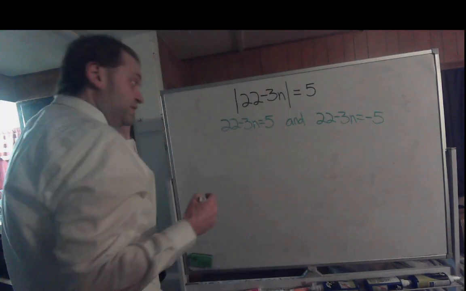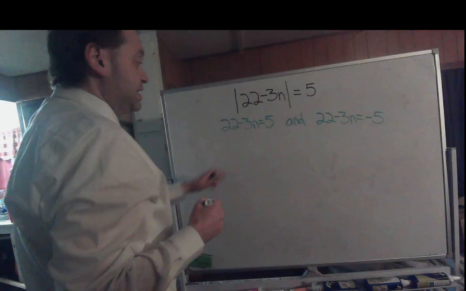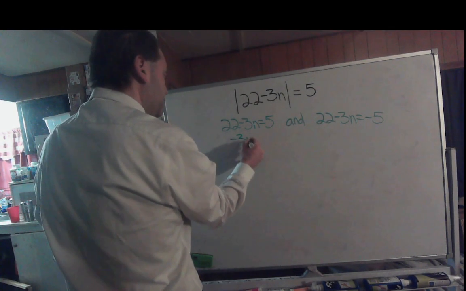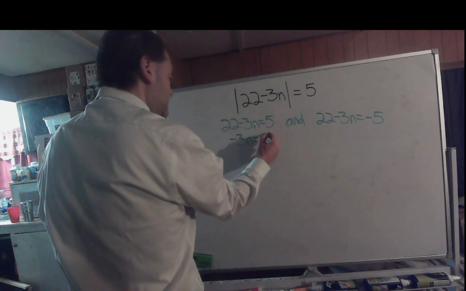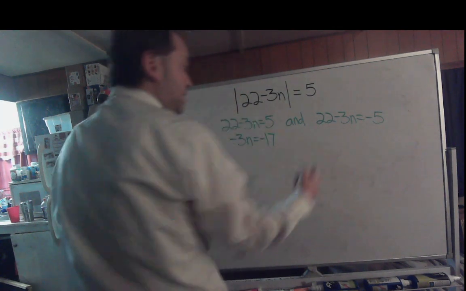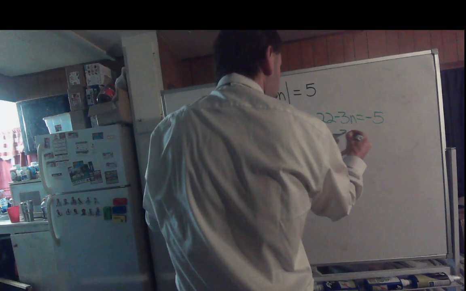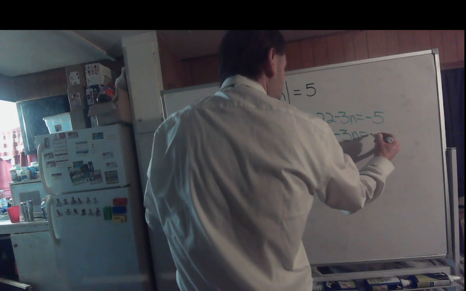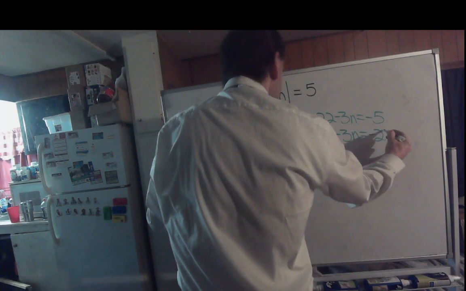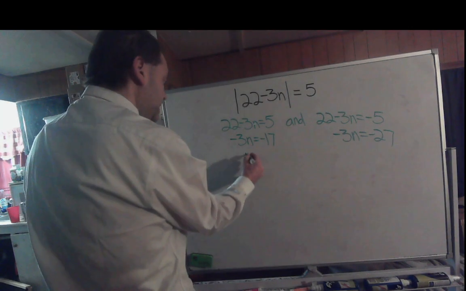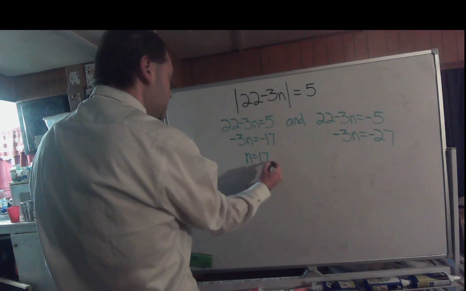And then you solve each equation for n, get negative 3n by itself. You would end up getting that negative 3n equals negative 17. And then get the negative 3n by itself again. You would get that negative 3n equals negative 27. Then solve for n here, you would end up getting n equals 17 thirds.